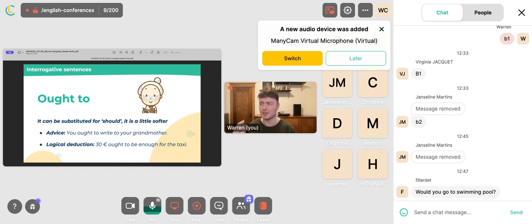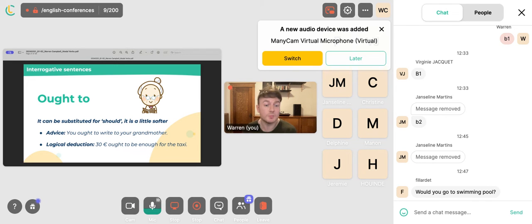They have a more slang version of this where they might say oughta, which you may have heard in films, or if you have an American teacher, for example. It's pretty much a synonym for should, except it's a little bit softer. Used to give advice, so you ought to write to your grandmother, or you ought to send her a message. And logical deduction as well.